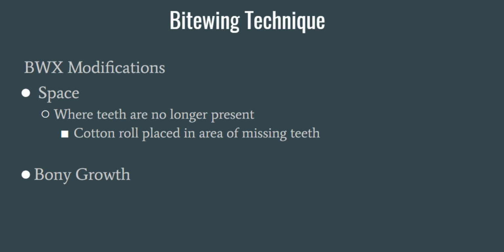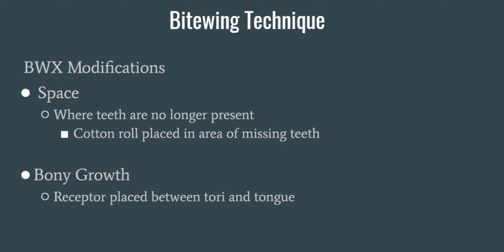And remember, with tori, we are going to place the receptor between the tori and the tongue. It should not be placed on the tori. Larger tori will cause the receptor to be pushed further away from the teeth. So then when you're using the bite tab, they're going to be biting on the very end of the bite wing tab to help stabilize that film.